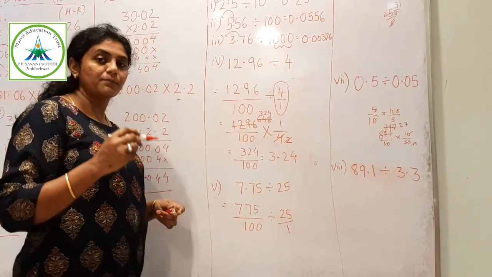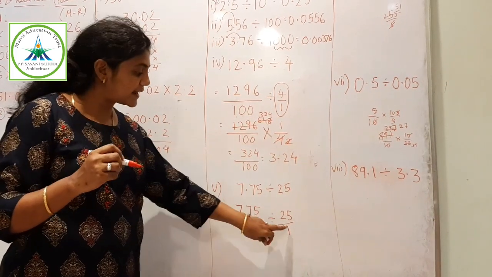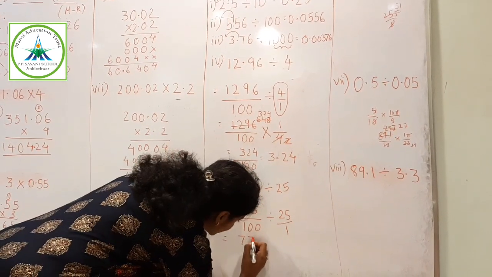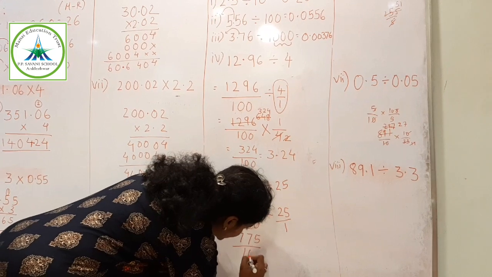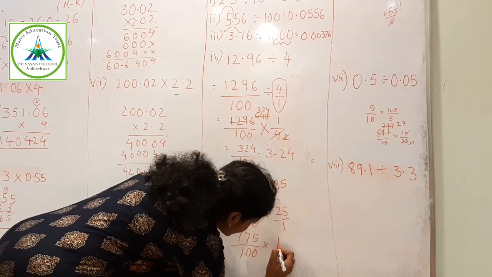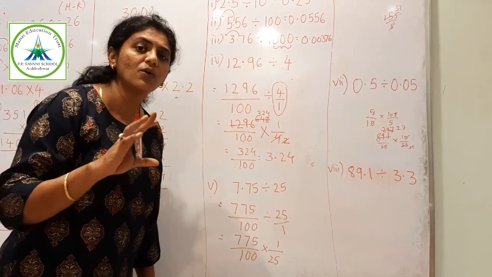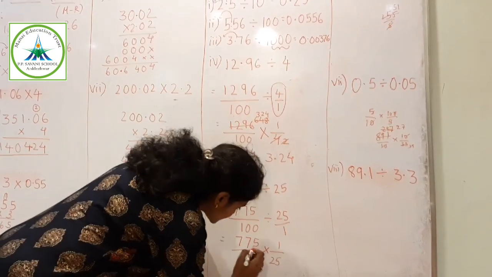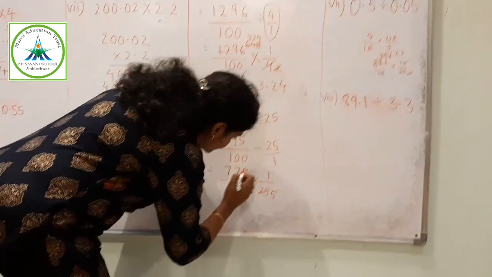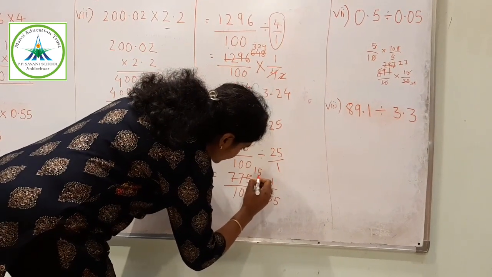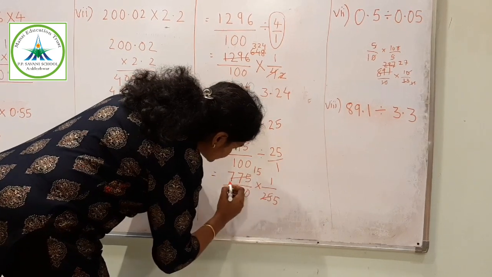Division will be replaced by multiplication and the reciprocal of it. So this will be 775 divided by 100 multiplied by 1 by 25. Now reduce it. So this will be 5 ones are 5, 5 fives are 25.